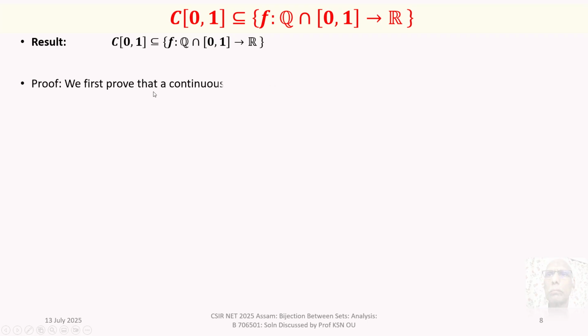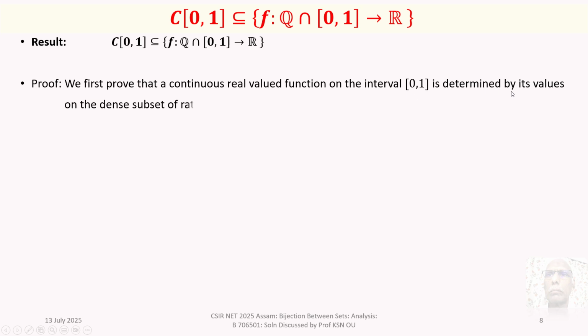We first prove that a continuous real valued function on the interval [0,1] is determined by its values on the dense subset of rational numbers in the closed interval [0,1]. We want to prove that a continuous real valued function on the interval [0,1] is determined by its values on the dense subset of rational numbers in [0,1].